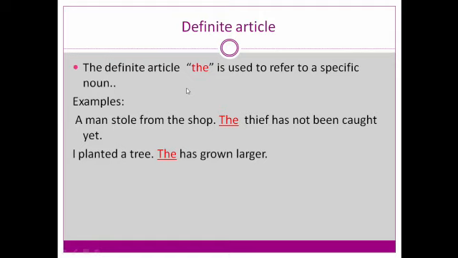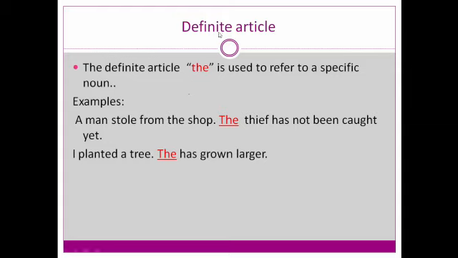Before, we studied indefinite articles, a and an. Where do we use a and where do we use an? That is what we discussed in the previous part. Now we are seeing the definite article. The definite article the is used to refer to a specific noun.